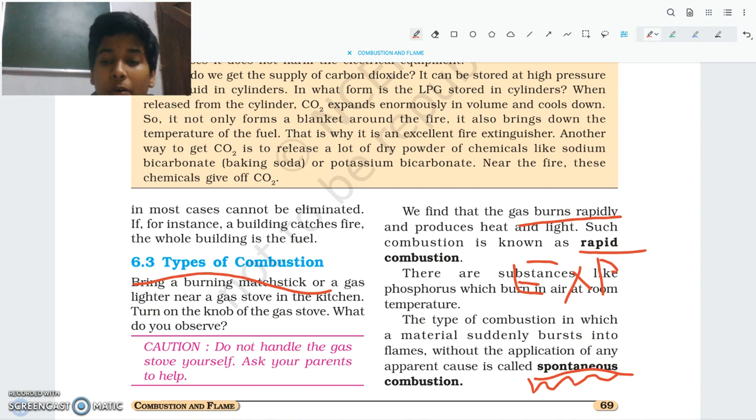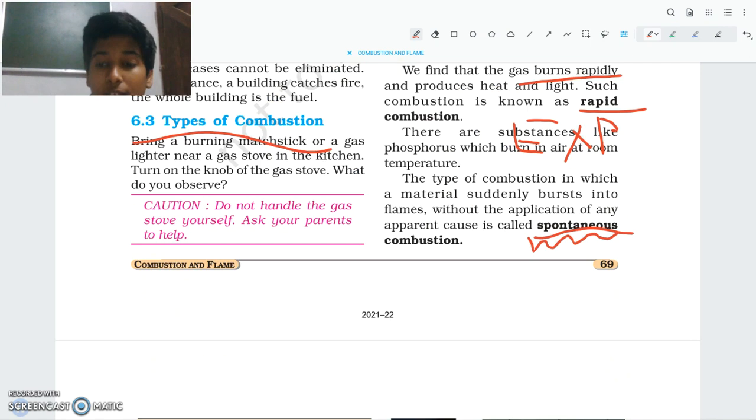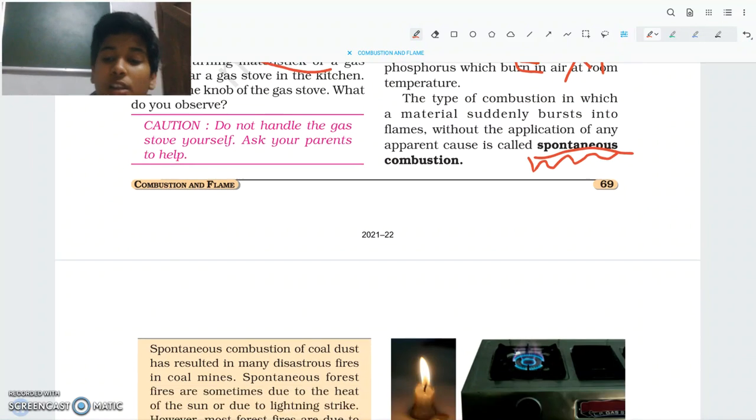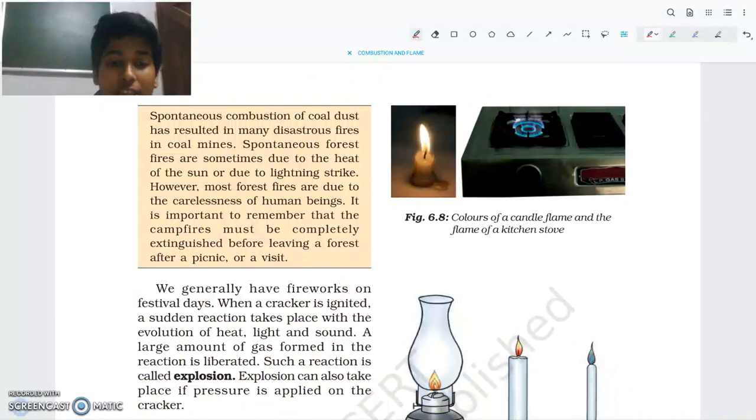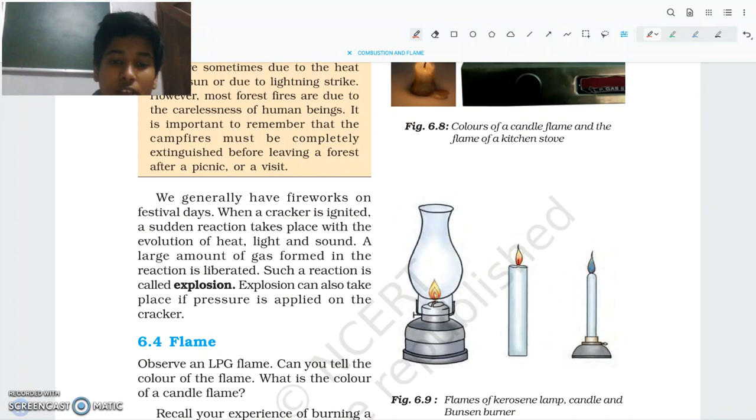But in spontaneous, it suddenly bursts into flames. It is not necessary that it would be rapid combustion, meaning burned rapidly, but yes, it would burn suddenly. And the third is explosion. Explosion, it is nuclear reactions, nuclear fission, and it could be a big blast.